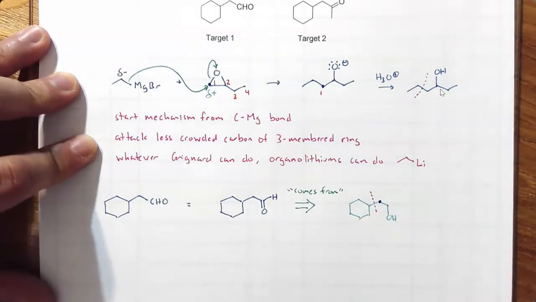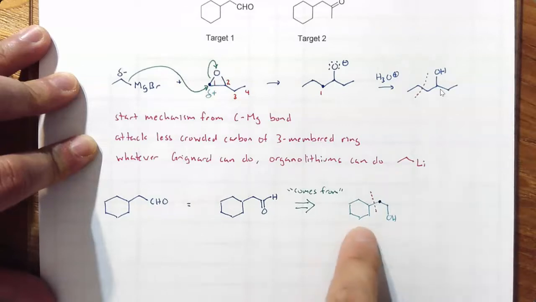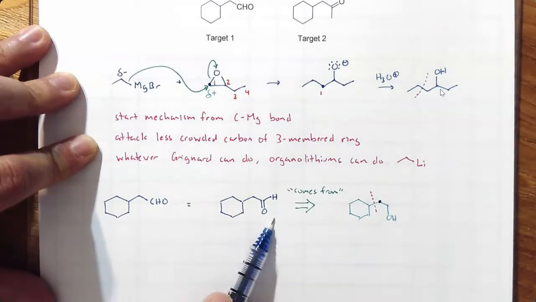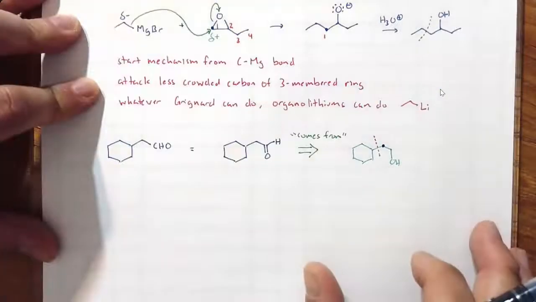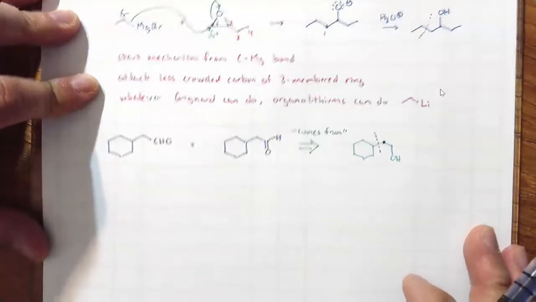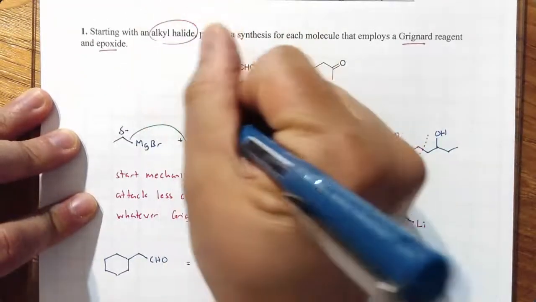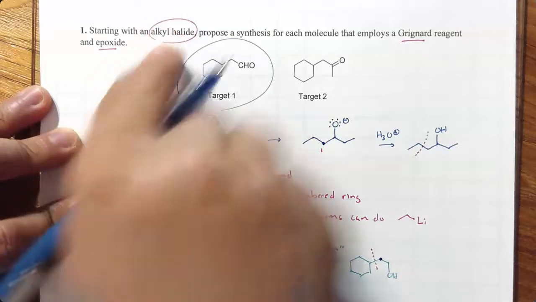Now the thing is, this arrow meaning comes from, well, that's not part of this answer for the synthesis. We have to get to this alcohol and then figure out a reagent to go from this alcohol to this aldehyde. And that's going to be a matter of us remembering our Organic Chemistry 1. So the answer for this, to get target number 1, they want us to start with an alkyl halide.